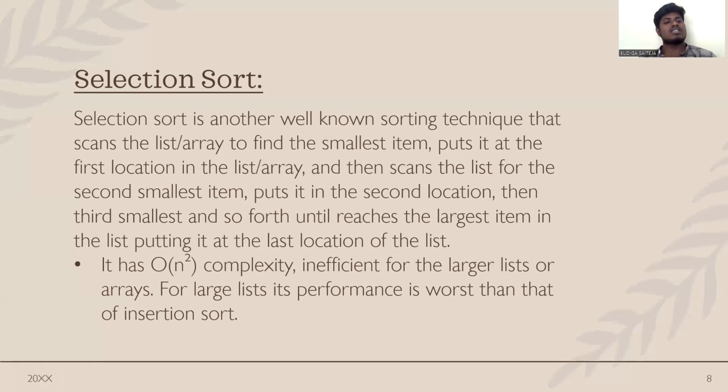Then it scans the list for the second smallest item. Compared to bubble sort, it will be selecting the smallest item and putting it in the exact location where it belongs, and then it scans for the next smallest item, until the largest item is put at the last location of the list.